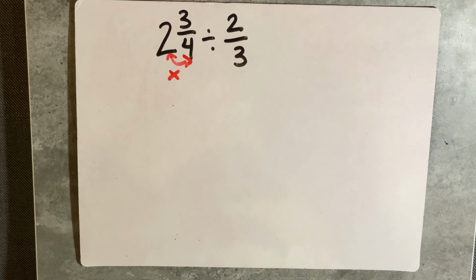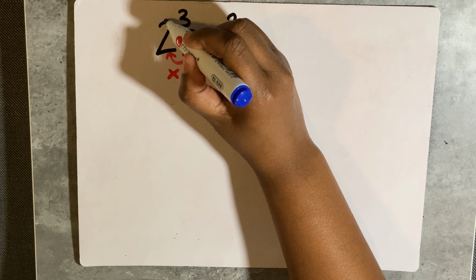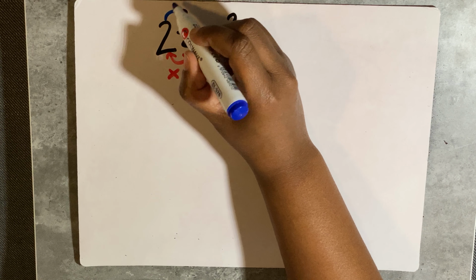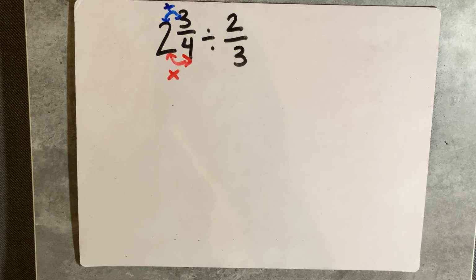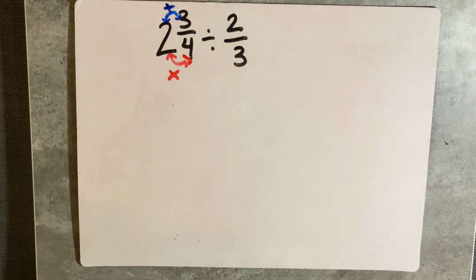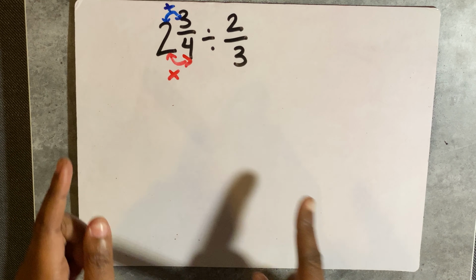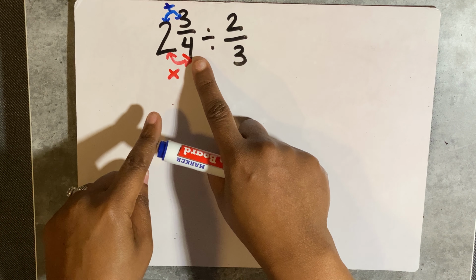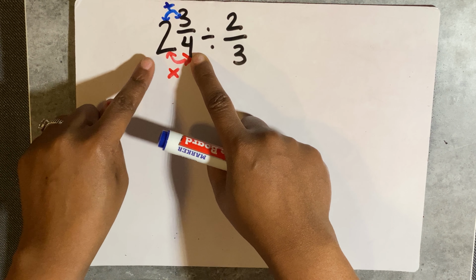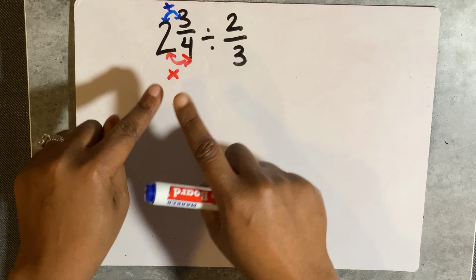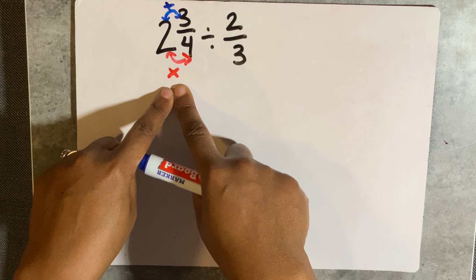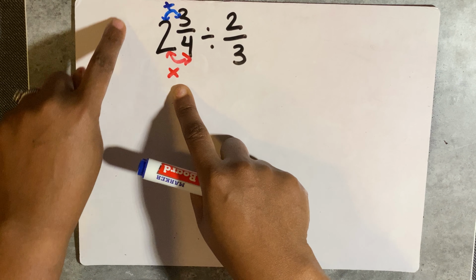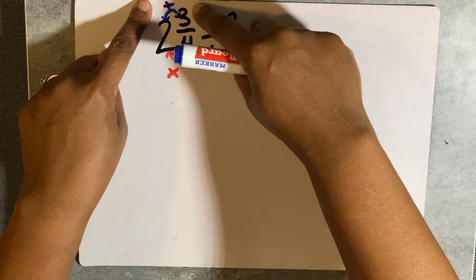Then you add that product to your numerator. So I multiply my denominator and my whole number. This product, remember the word product from the first video, the answer, is then added to the numerator.